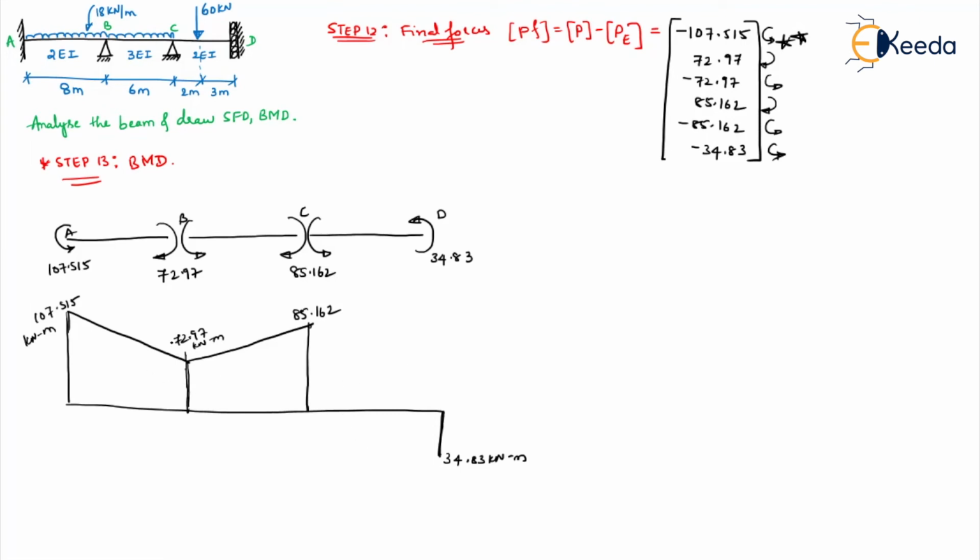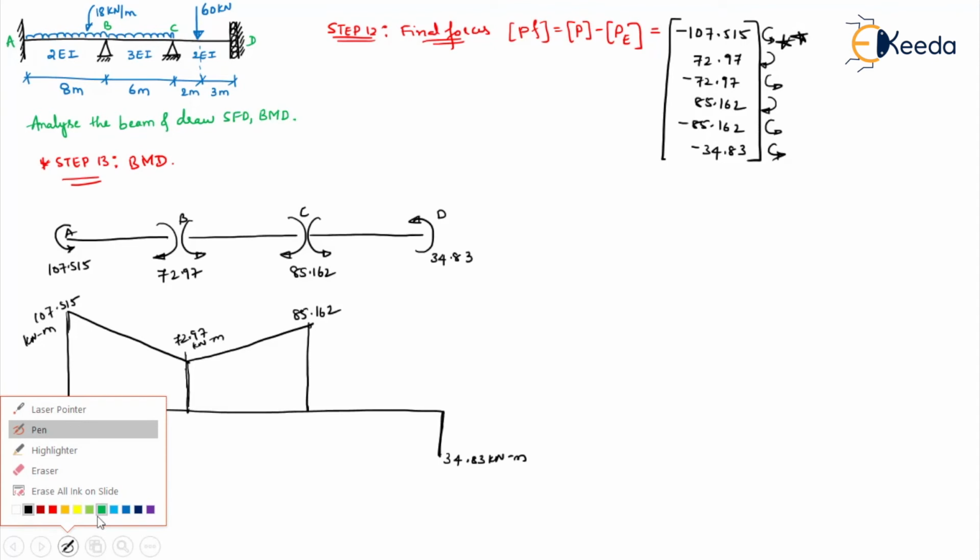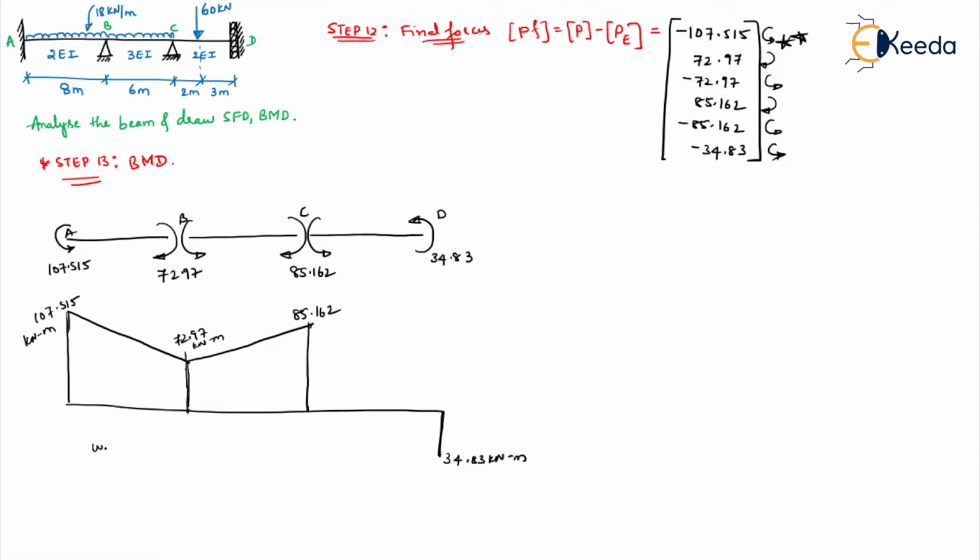Along with the fixed end moments, you also have to do the principle of superposition for the loading. For that loading, the value will be WL square by 8. W is 18, L is 8, square by 8, so this will be equal to 144 kilonewton meter.